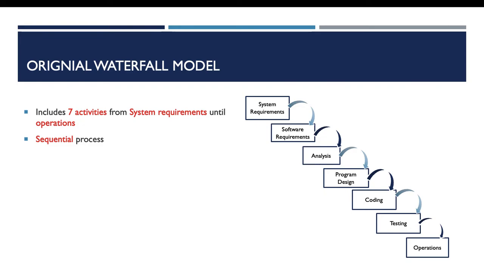Another characteristic of this model is prediction and planning. At the beginning of the process, we have to plan and predict all the details of all phases, and we have to predict the final solution.